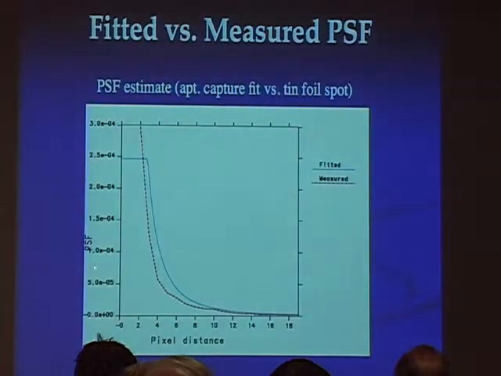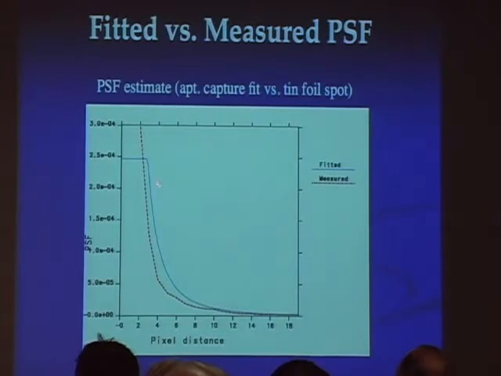And then we measured the point spread function from the pinhole, and that's shown on this red dashed line. And then this is the point spread function that we estimated based on our algorithm applied to the image of the apartment. And they're not a perfect match, but we wouldn't really expect them to be, because the point spread function estimated from the apartment image was averaged over the whole image, whereas the point spread function for the pinhole was measured at the center, and that's going to be the best case.